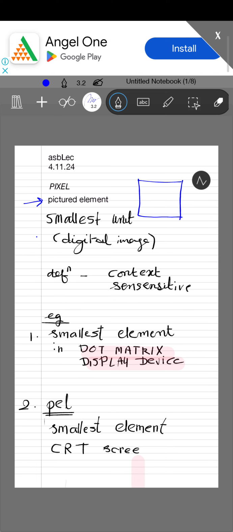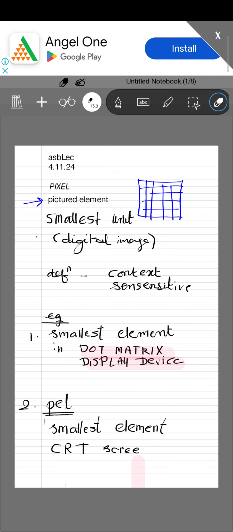You can divide it into different units, and the smallest unit is known as the pixel. This is the very basic definition of a pixel.